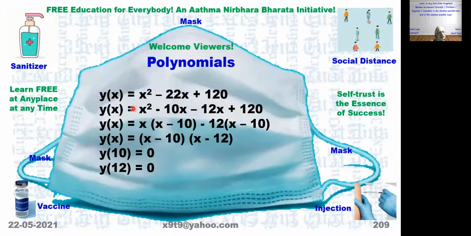In this case, this 22x can be written as minus 10x and minus 12x because we want to get a factor like x minus 1.